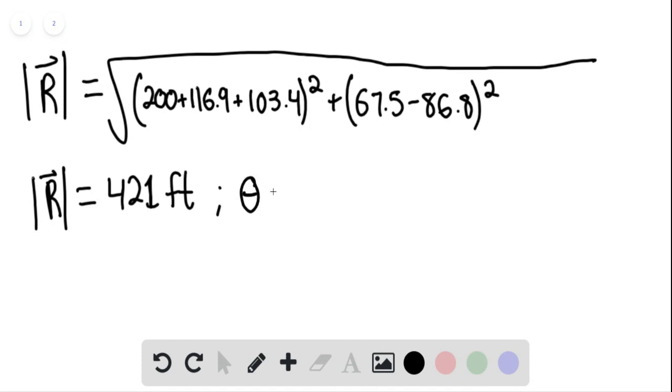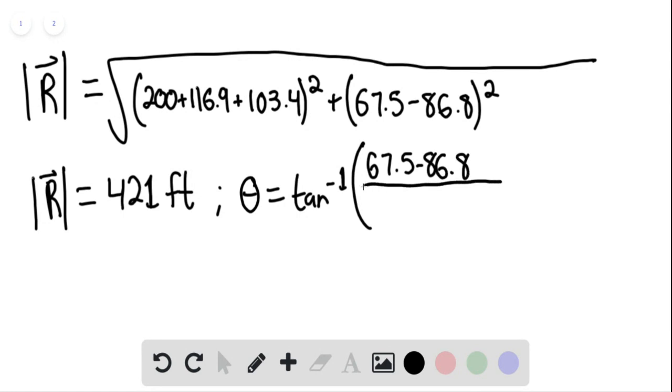And for our theta measurement, this would be arctan of the y component divided by the x component. So this would be 67.5 minus 86.8 divided by the x component of 200 plus 116.9 plus 103.4.